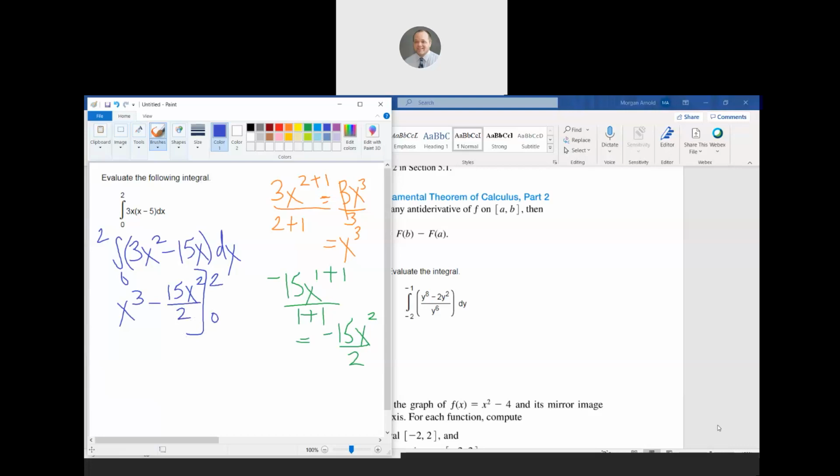According to our Fundamental Theorem of Calculus, Part 2, we plug in our upper limit of integration first. So everywhere you see an x, plug in 2 first of all. So we now have 2 cubed minus 15 times 2 squared all over 2.